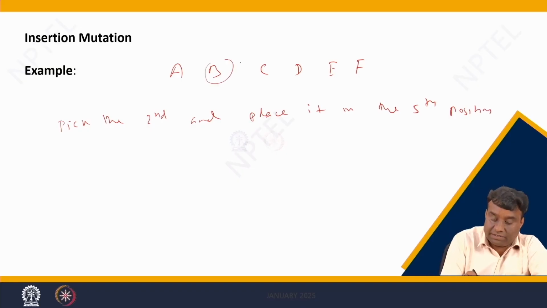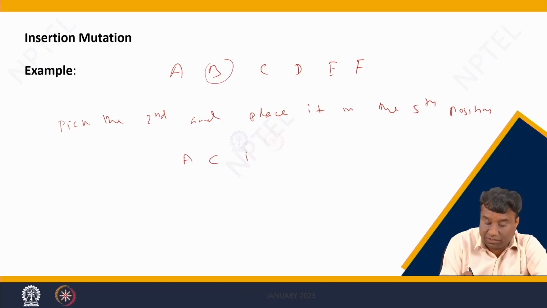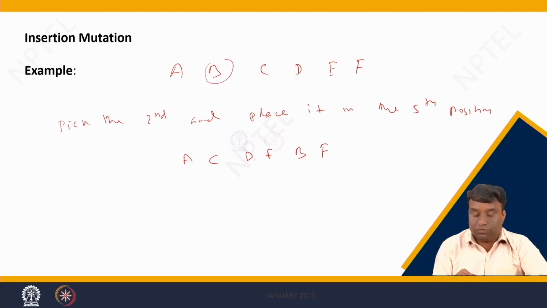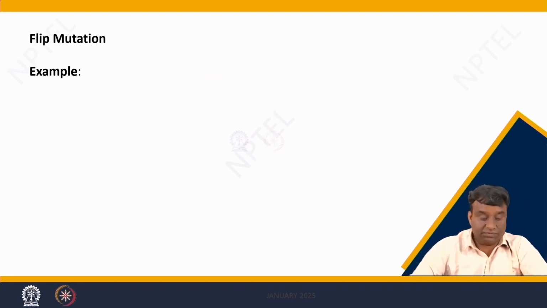So that is second, this is third, fourth, and then fifth will be there. So it is A, C, D, E, now the fifth is B, then F. So that is insertion mutation.